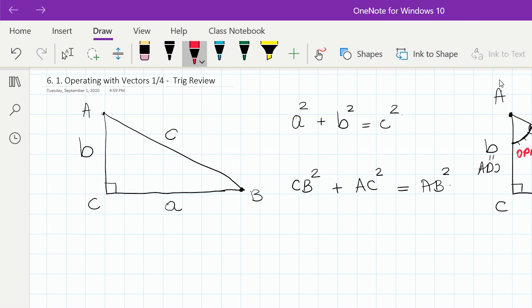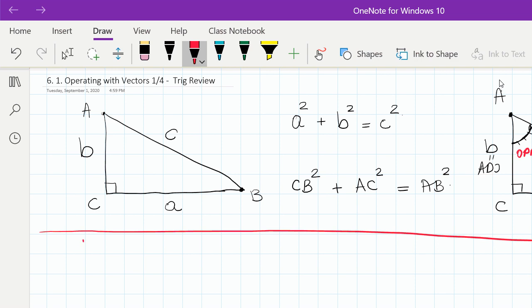Okay, so now one thing that we have to keep in mind, or why are we doing this, is because what we do in trigonometry is we use what are known as the trigonometric ratios, or trig ratios in other words. So the ratios that we use in trigonometry are sine, cosine, and tangent.